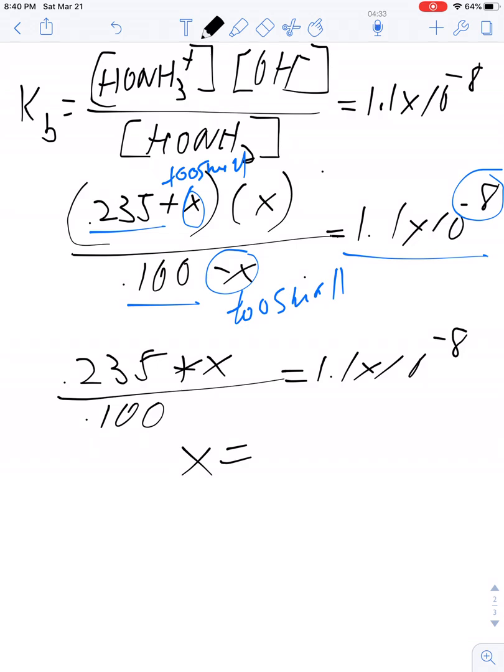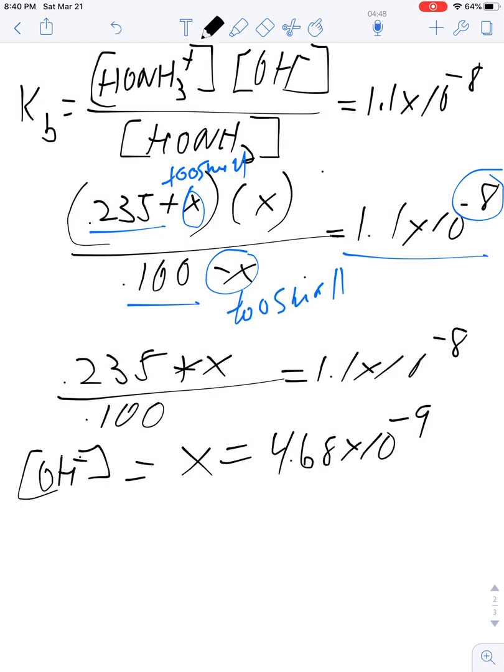Just putting it into my calculator right now. I get 4.68 times 10 to the negative 9th. And remember, that's the concentration of OH. So I always like to find the pOH.